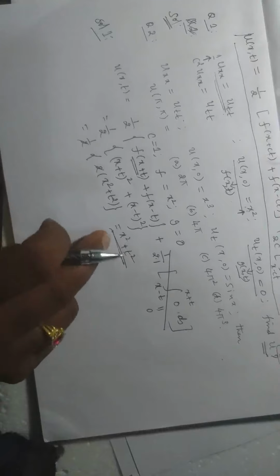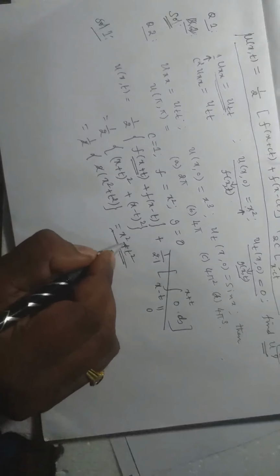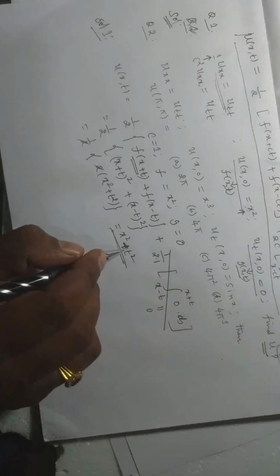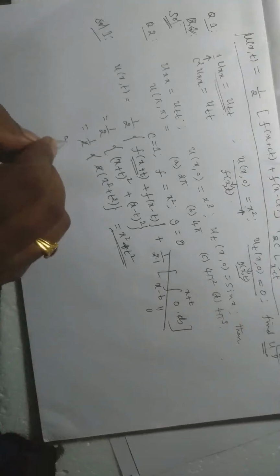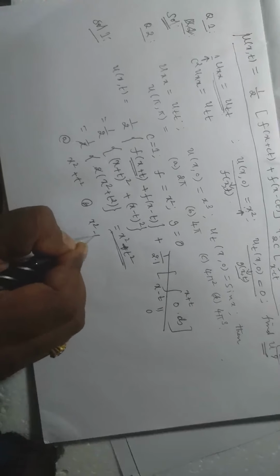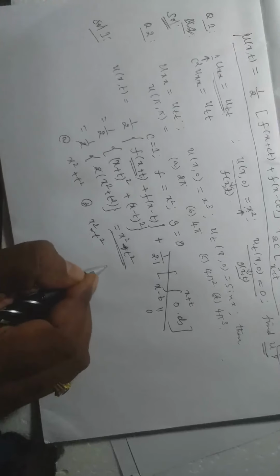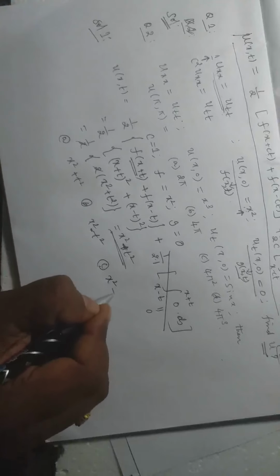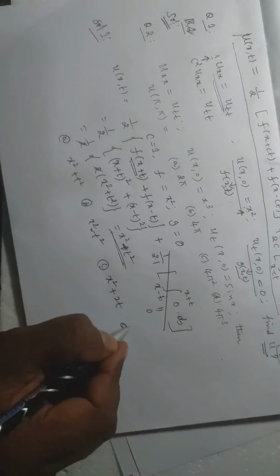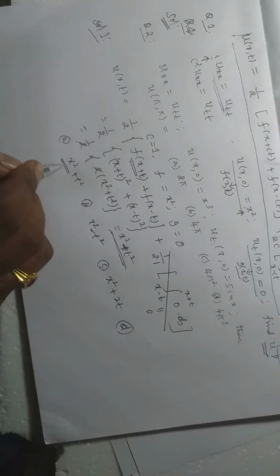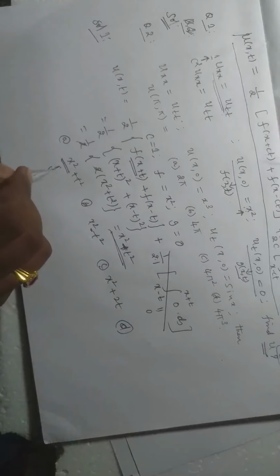In the options they may give likewise x squared minus t squared, x squared plus t squared, likewise. But there will be a problem if, let me say, option A is x squared plus t squared, option B is x squared minus t squared, C is some x squared plus 2t, and D is this. Now if I differentiate this with respect to x, it is 2x, and I will get 2 here.